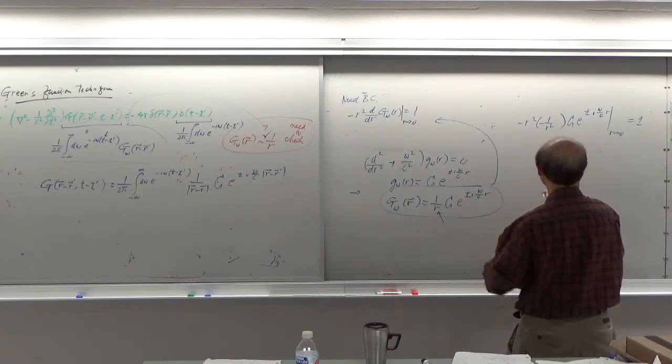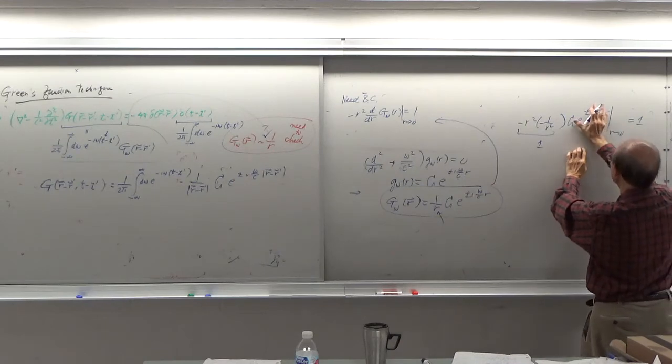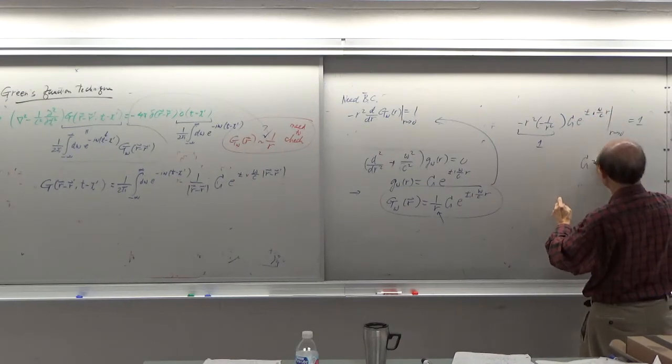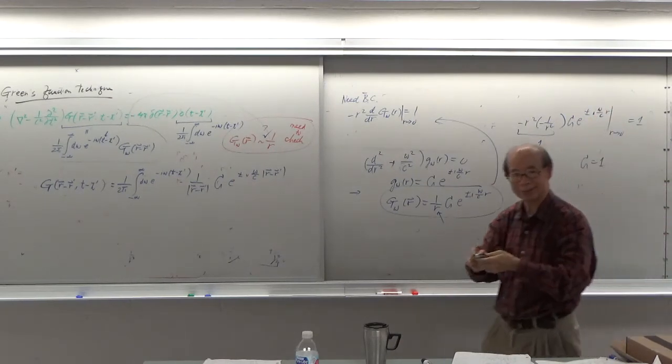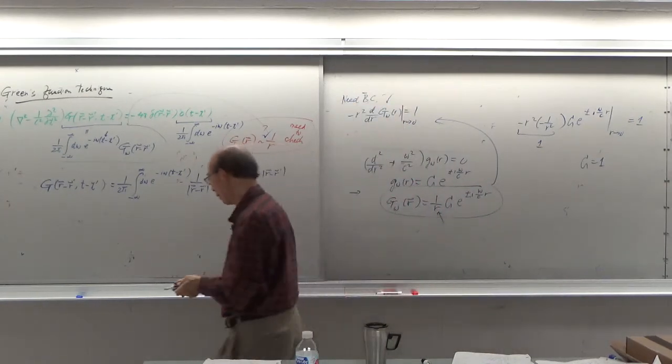See, this is 1. When r goes to 0, this is 1. So c is just 1. After we use the boundary condition. Good?